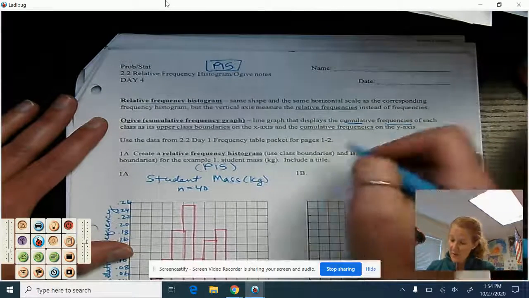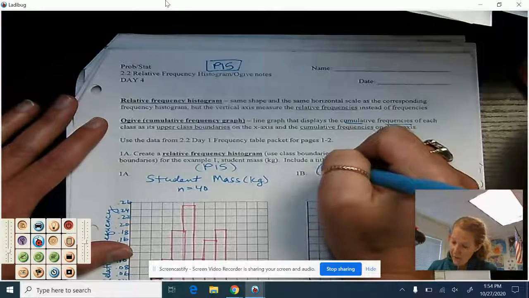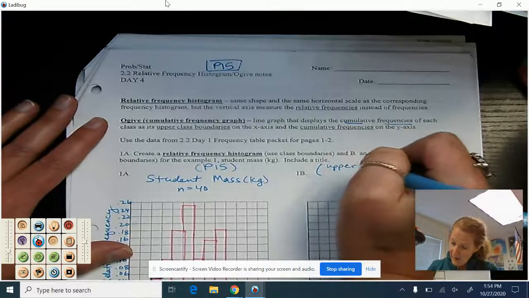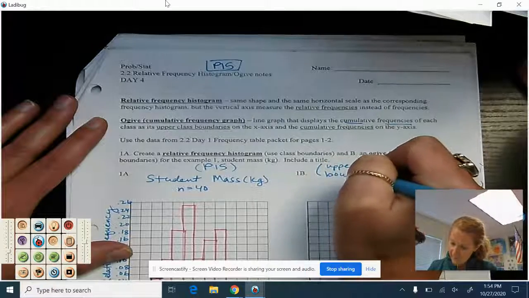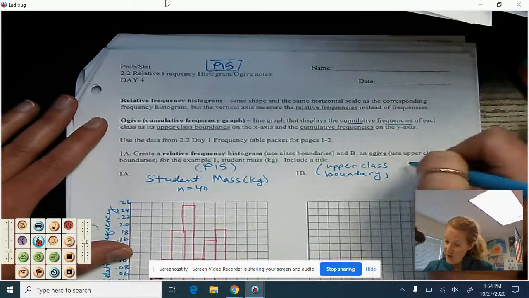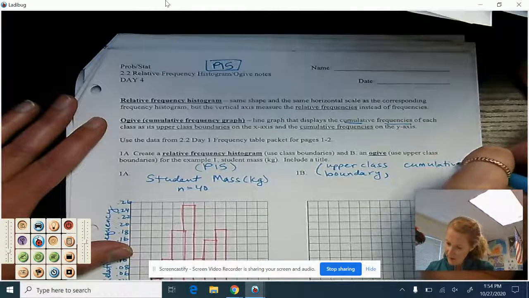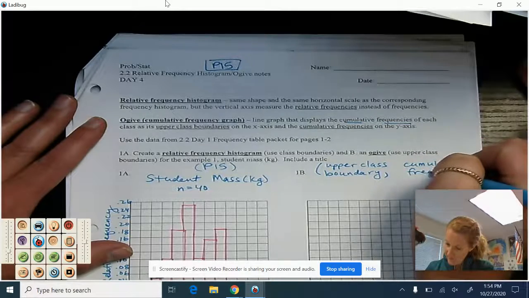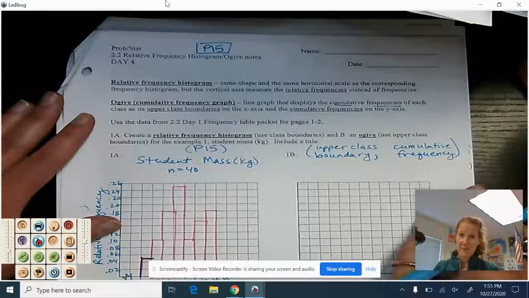So when you do these, you're going to plot points. The points are the upper class boundary, comma, the cumulative frequency. Okay, so it's like x, y.